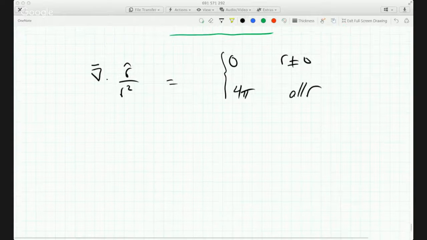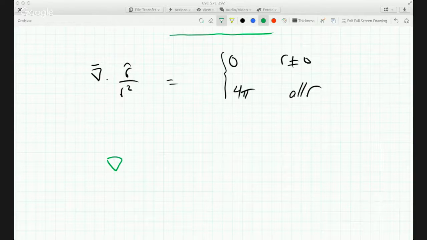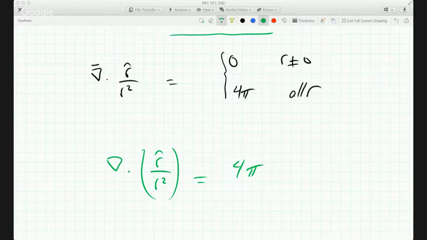Well, this is exactly where the Dirac delta function comes in to merge these two together, to tell you that the divergence of r hat over r squared is actually equal to 4 pi times this.